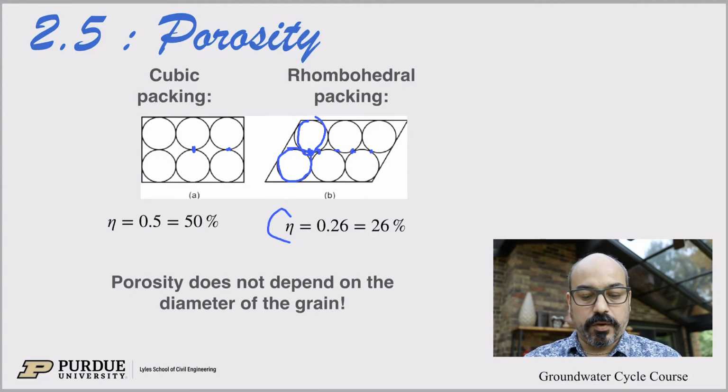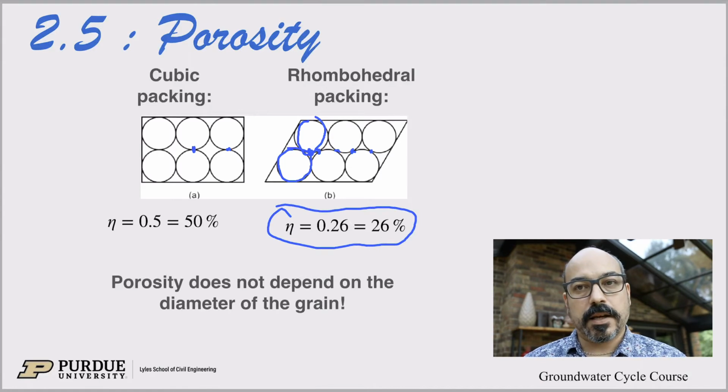So if you do the same little exercise we did before, but for this configuration, you see that the porosity is already 26%, and that's a much more realistic number. So this is already a high-end porosity, but it's pretty common to see 25-30% porosity. Actually, when you just want to do a back of the envelope calculation, 25-30% is a good rough estimate of porosity in general.